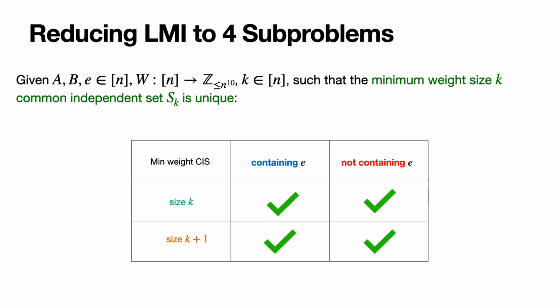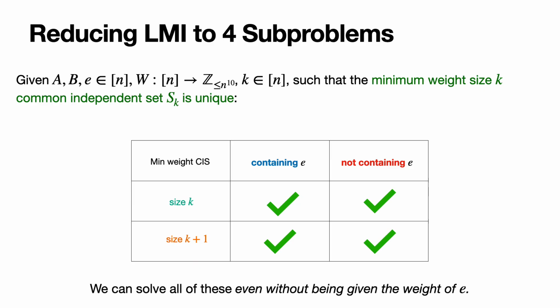And something we show in the paper is that we can actually solve all of these even when we're not given the weight of E itself. Okay? So imagine that W is a weight function on all of the other columns, but not on E itself, right?